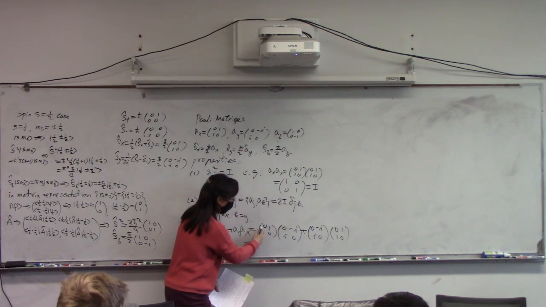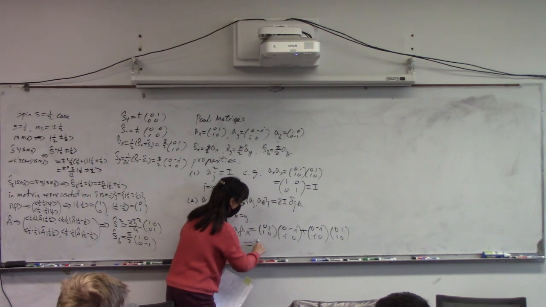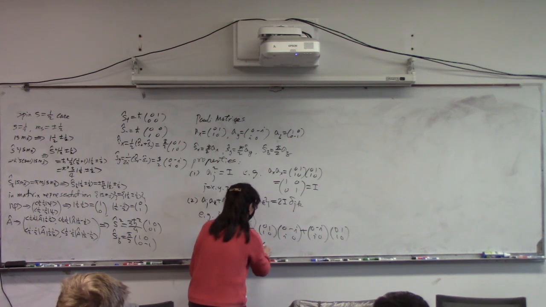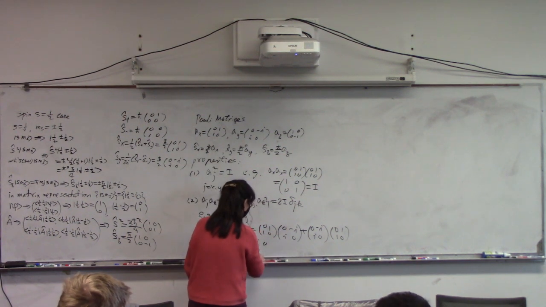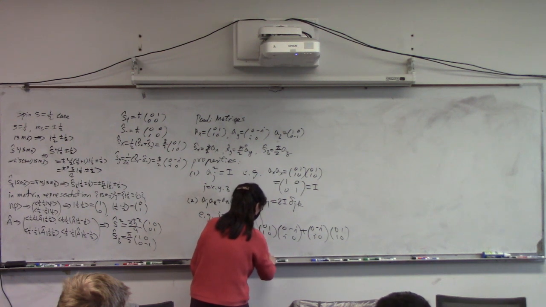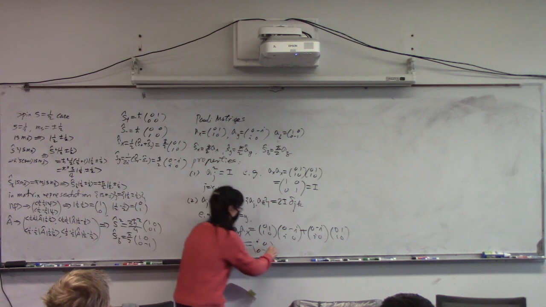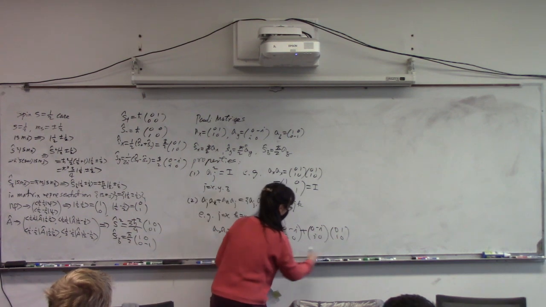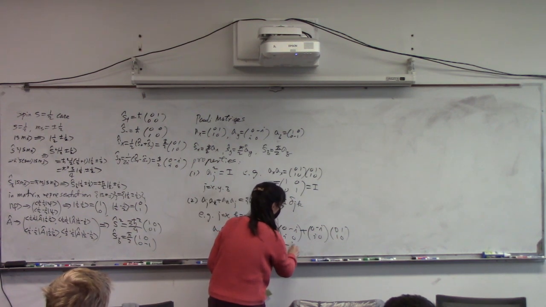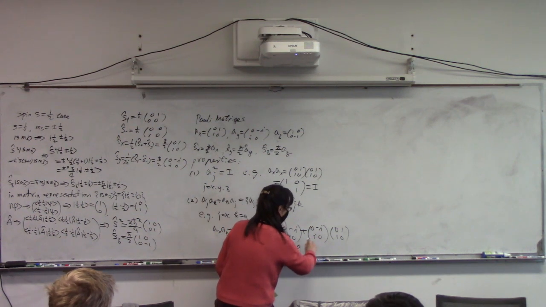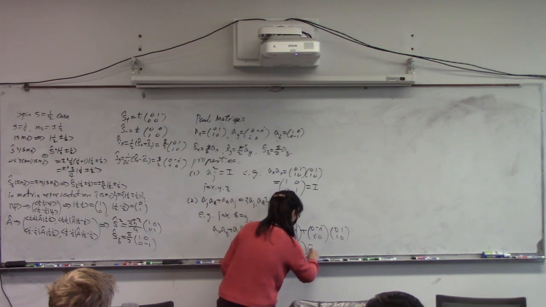The first one is i, right? The second one is 0, and this one is also 0, and the last one is minus i. Right, this product. And this one is minus i, and 0, 0, and i. Yes.